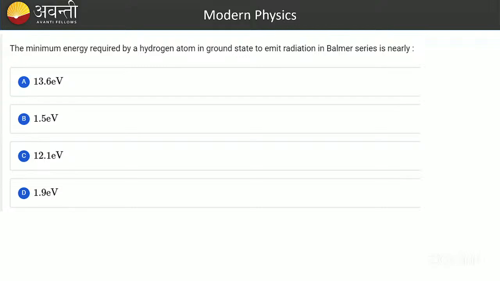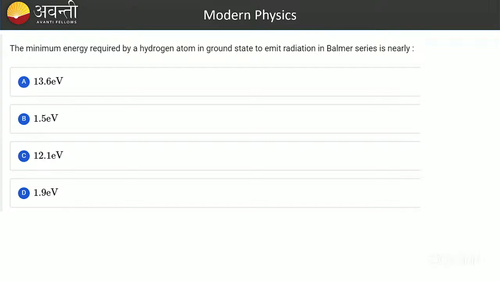Now here, the minimum energy required by a hydrogen atom in ground state to emit radiation in Balmer series is nearly. First of all, we should know what the energy is and how it depends on the number of shells.